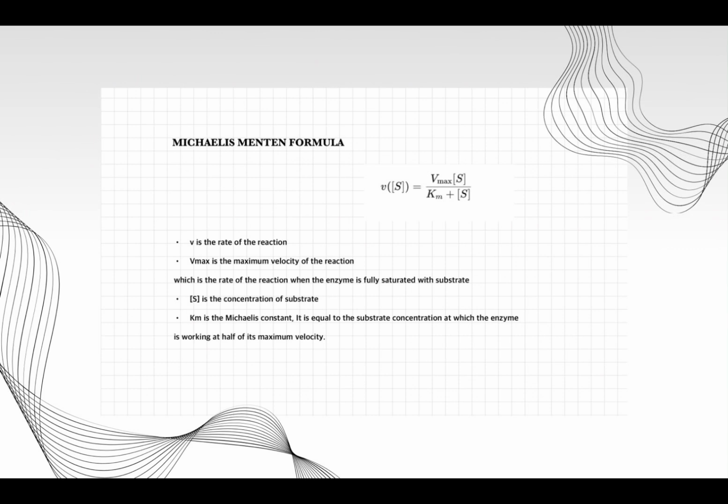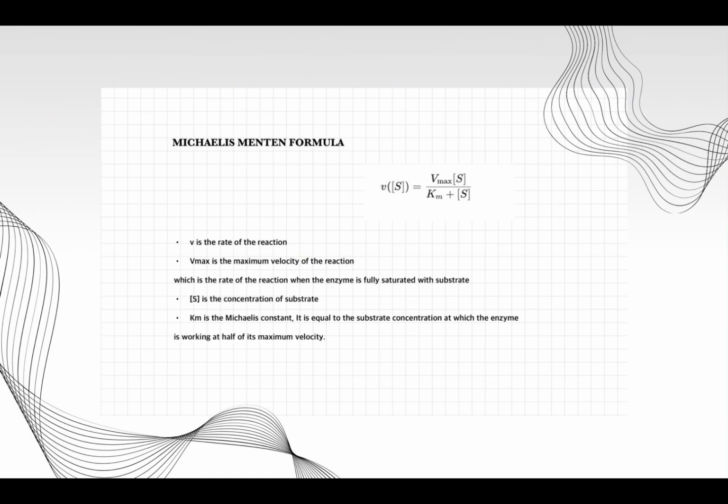The formula of the Michaelis-Menten equation is V equals Vmax times S divided by Km plus S, where V is the rate of the reaction as measured by the formation of the product, and Vmax is the maximum velocity of the reaction, which is the rate when the enzyme is fully saturated with the substrate.